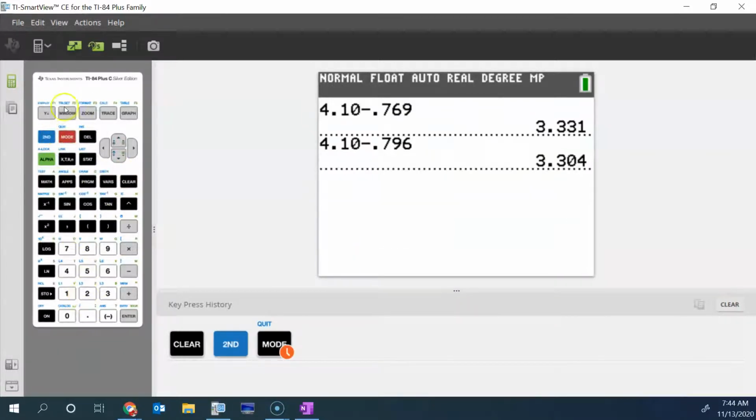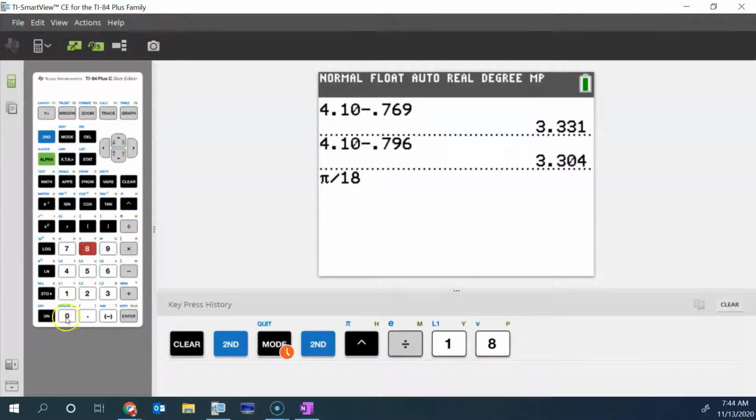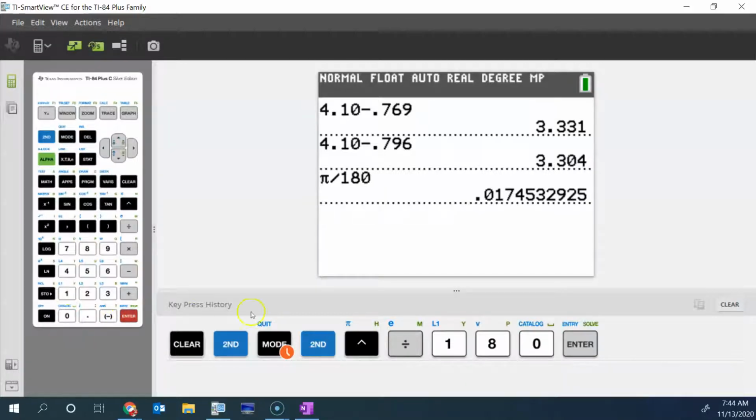I got pi divided by 180. Enter. Okay, so when Desmos does it, we should get a decimal pretty close to this. So I'm going to say 0.017. The 4 would say leave the 7 alone. So 0.017.